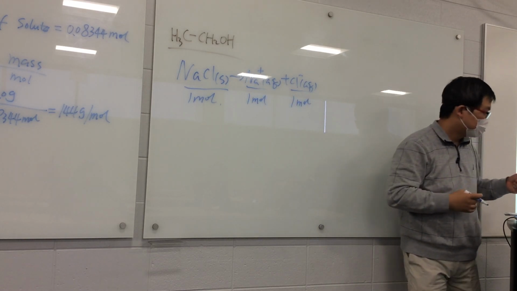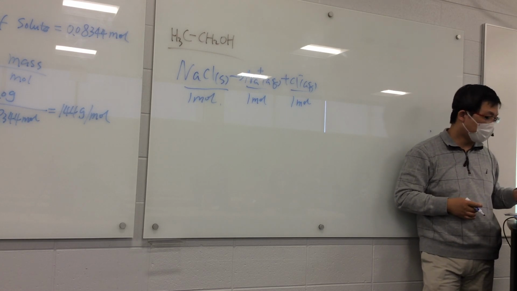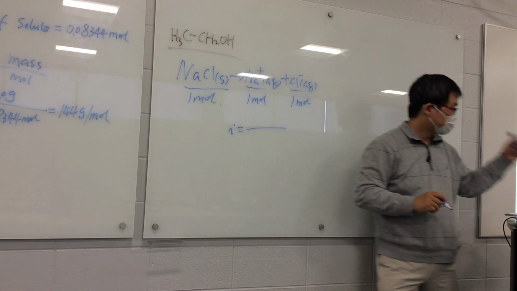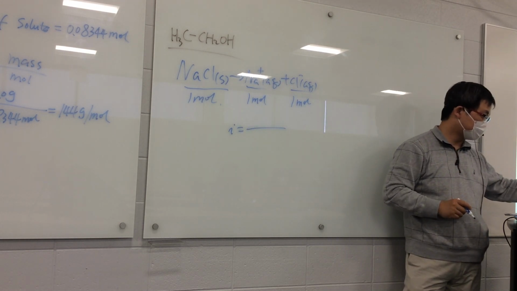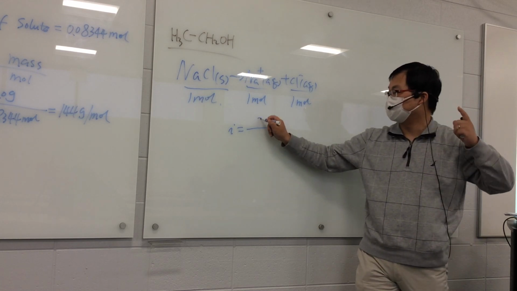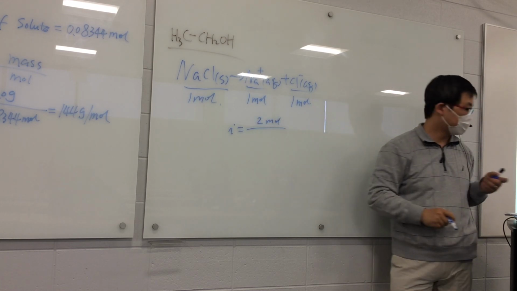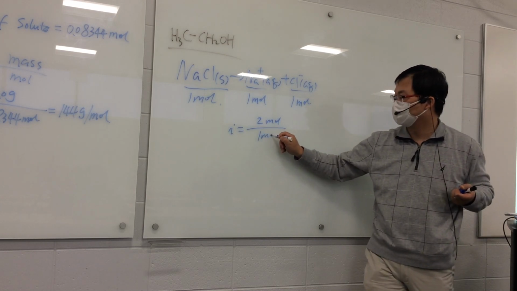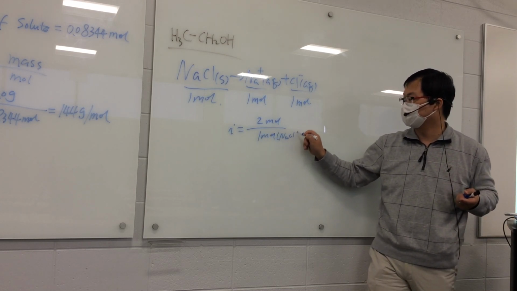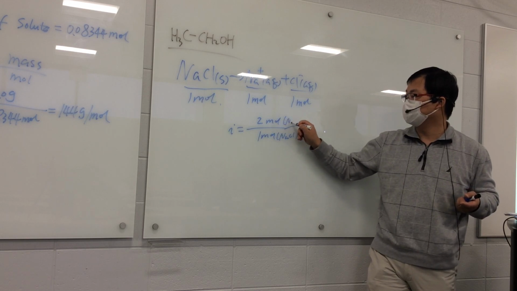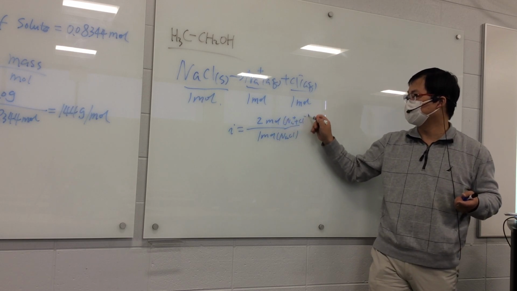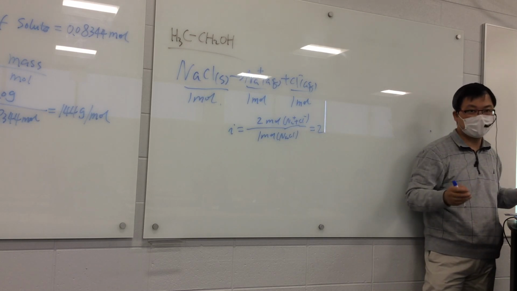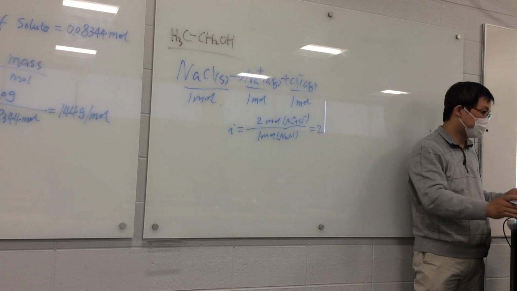Then the Van Hoff factor i equals what? The ratio of solute particles in solution, which is 2 mole, versus the number of formula units, which is 1 mole, because 2 mole is sodium ions plus chloride ions. This equals 2. That's the theoretical value.